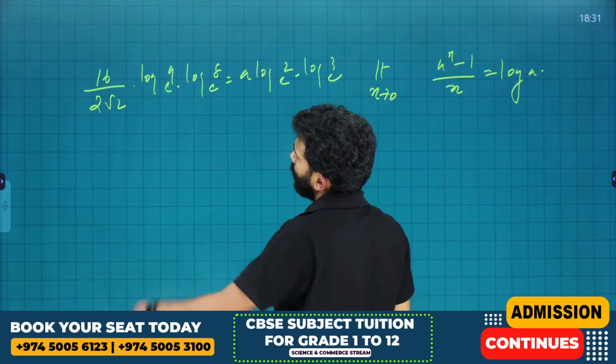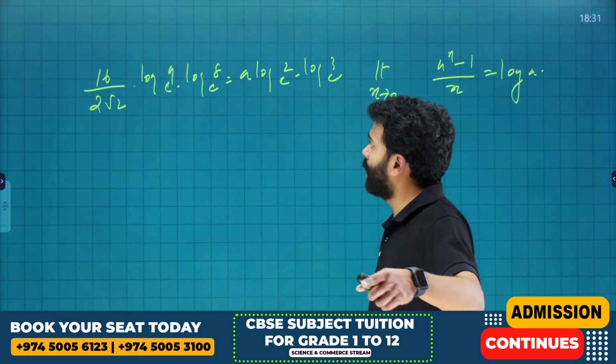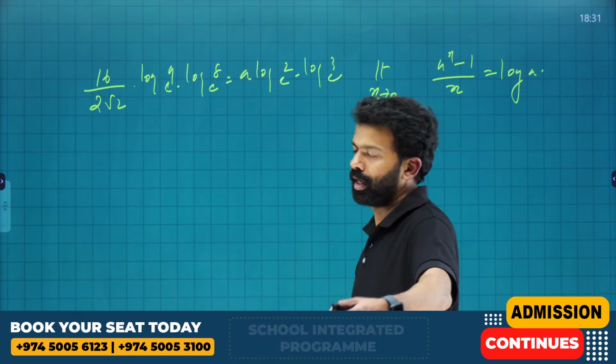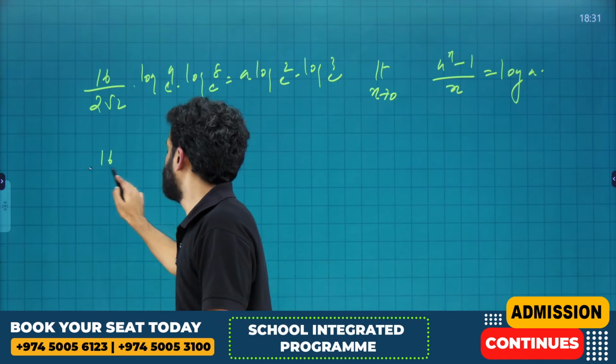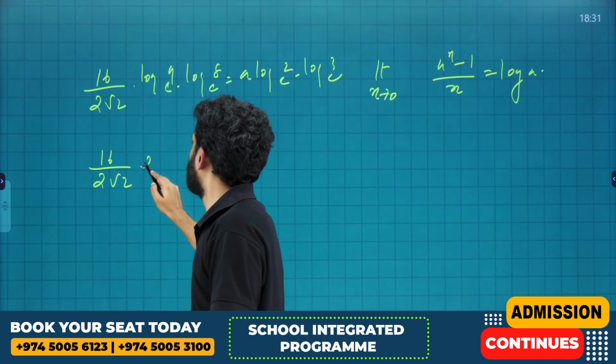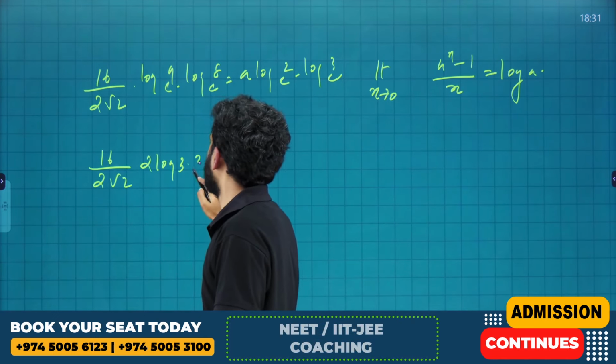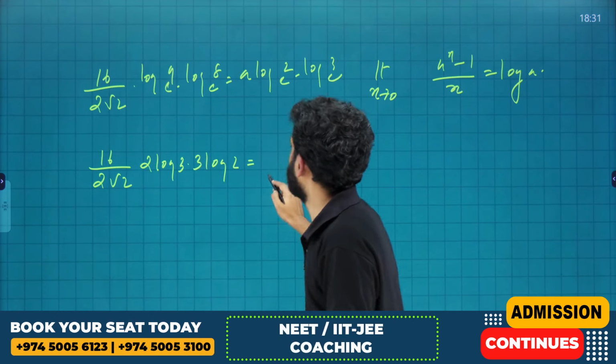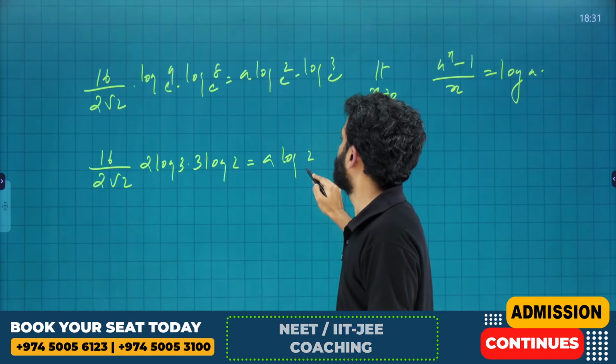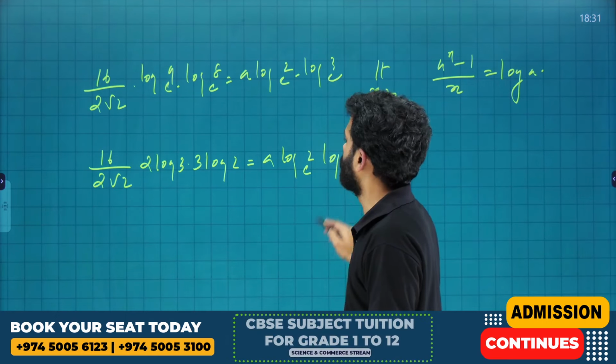So we can operate like log 9 can be written as log 3 square and log 8 can be written as log 2 cube, right? Therefore it will be 16 by 2 root 2 into 2 log 3 into 3 log 2, that is equal to a into log 2 to the base c into log 3 to the base c.